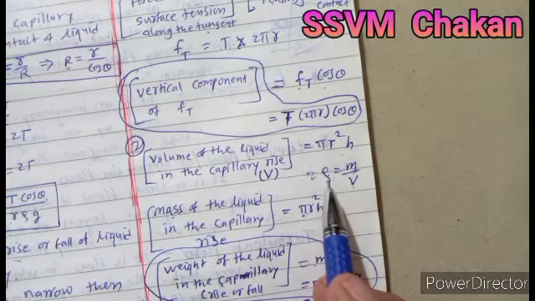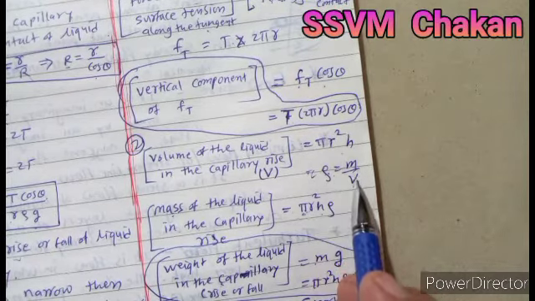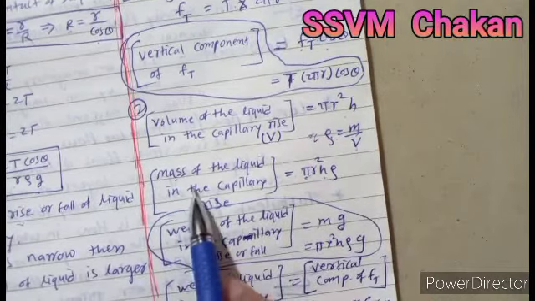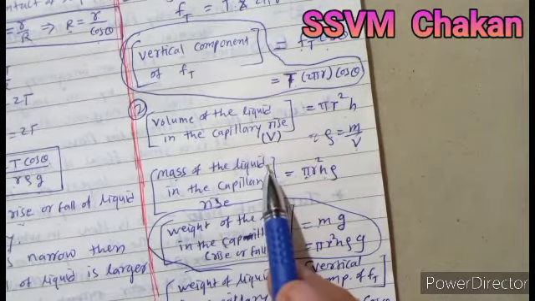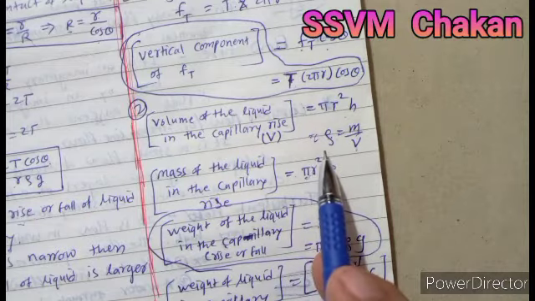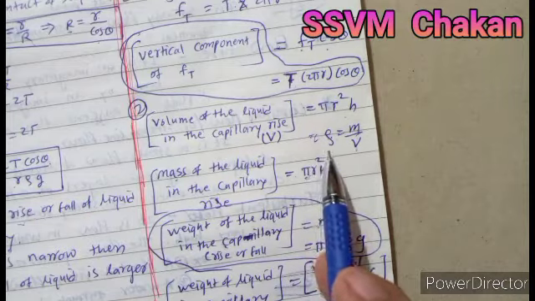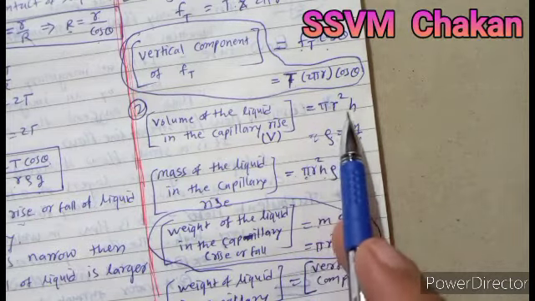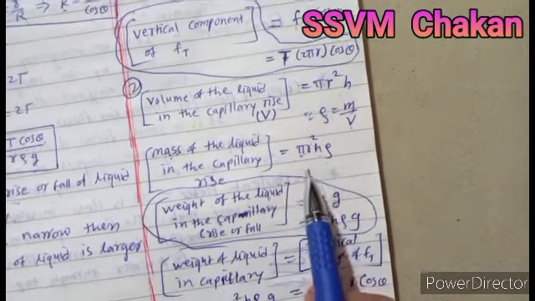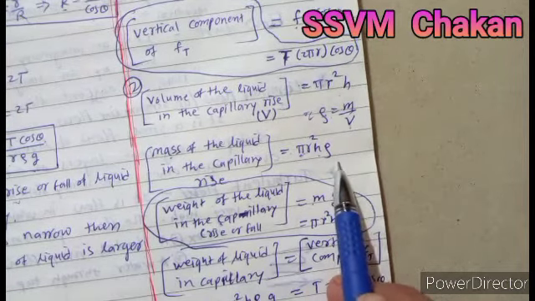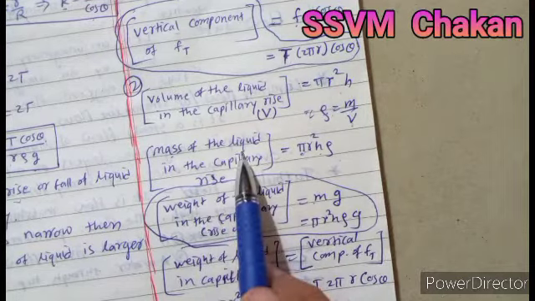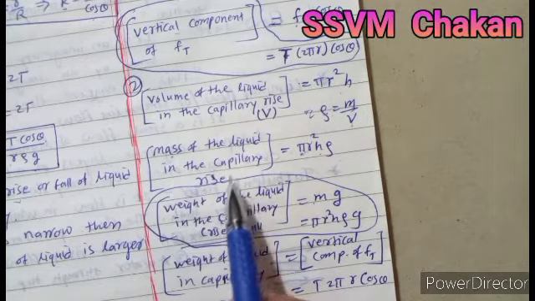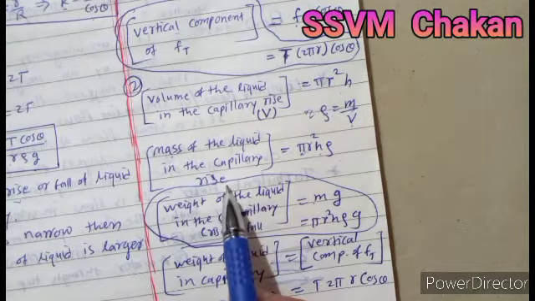We know the formula for density, which is mass upon volume. From that we calculate the mass of the liquid, that is density into volume. Now volume is pi r square h. Substitute that, so pi r square h into rho gives the mass of the liquid in the capillary rise.